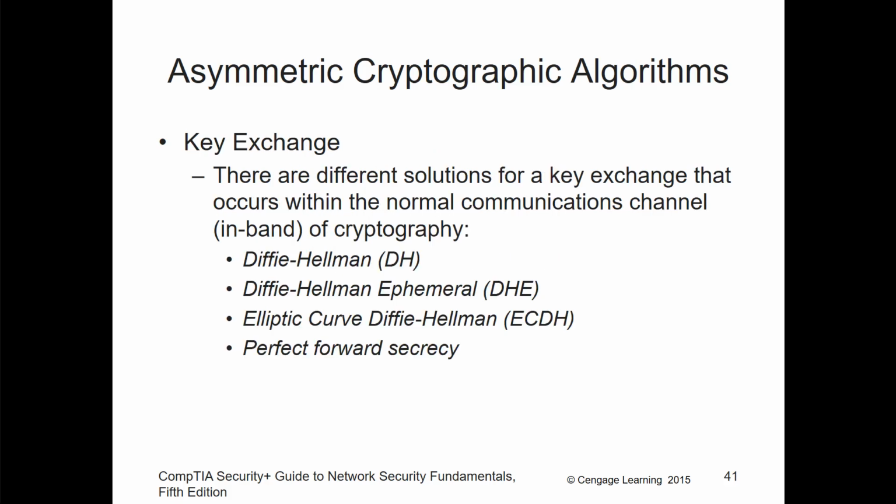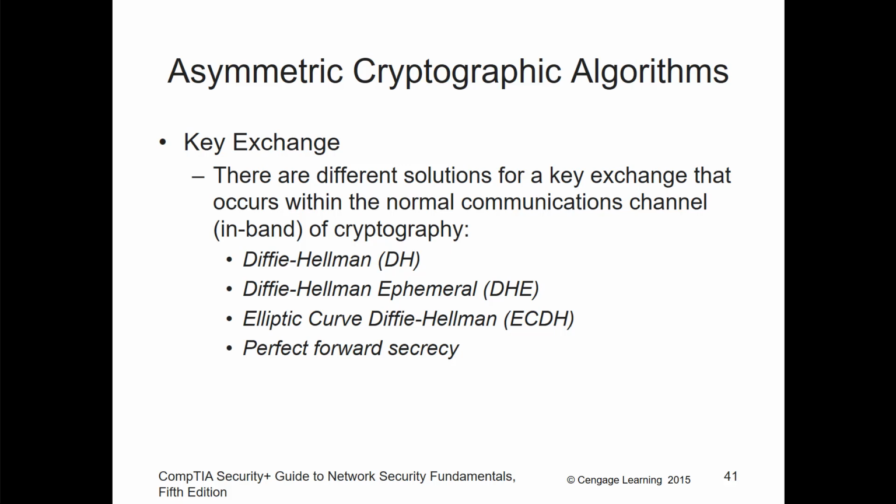We have to have an understanding of key exchanges, because if we have private and public keys, we have to have a way to hand out or exchange these keys. So we have the Diffie-Hellman, or the DH version, and that will be different groups.